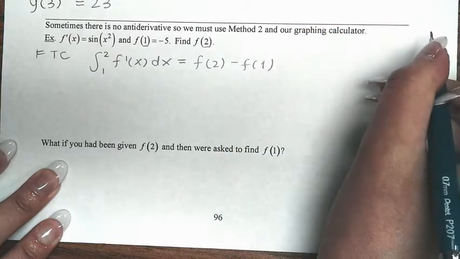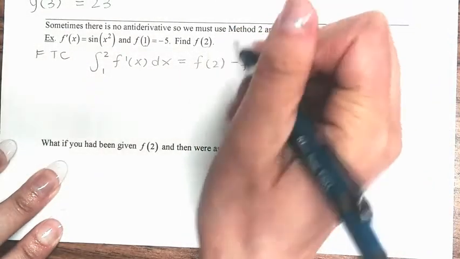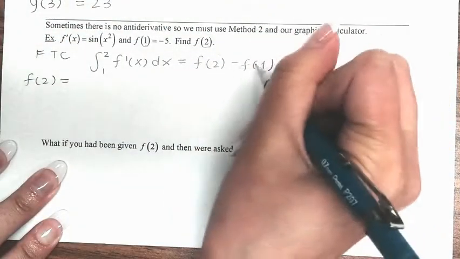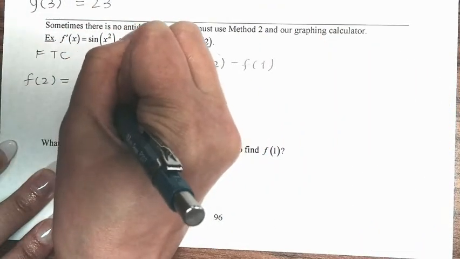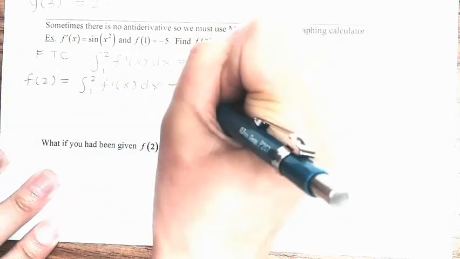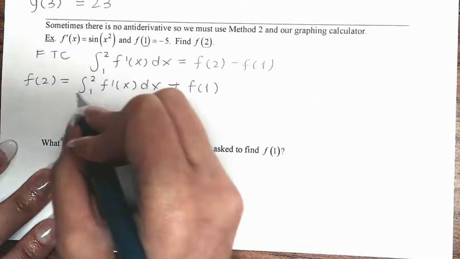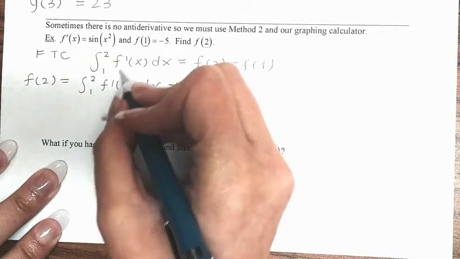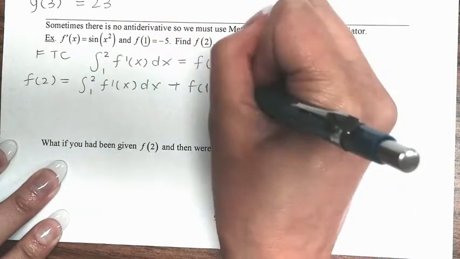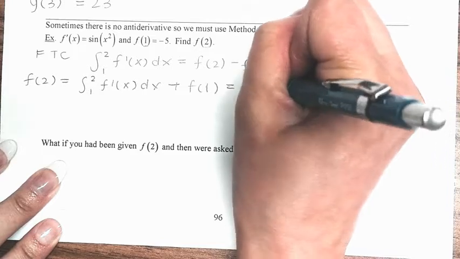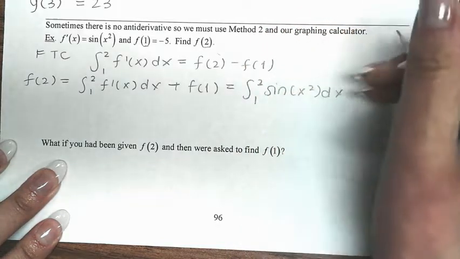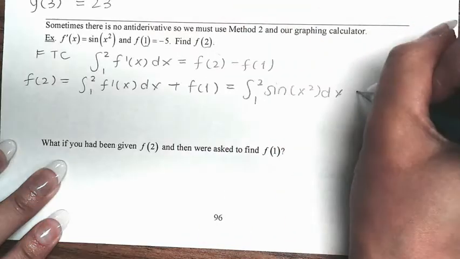With this being said, we want to solve it for f of 2, so f of 2 in this situation is going to be equal to, again, the integral from 1 to 2 of f prime of x dx plus f of 1. This one we can change f prime of x for the sine of x squared. So you have that this is equal to the integral from 1 to 2 of sine of x squared dx, and then you have that this value is going to be -5.